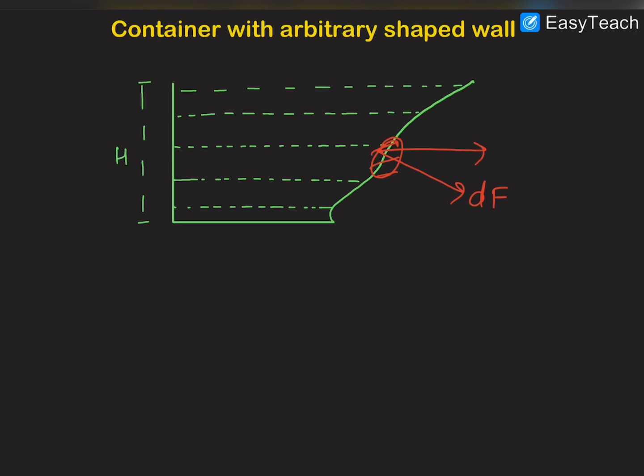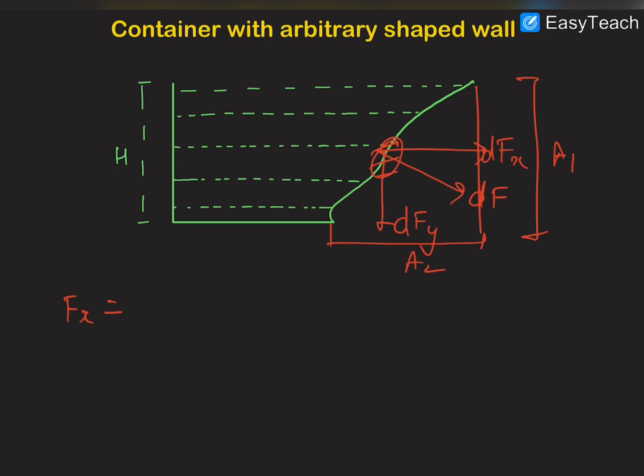Now again, if we wish to find the two components of the force, dFx and dFy, and if this total area is A1 and this total area is A2, then dFx will be equal to the small area dA1 perpendicular to dFx multiplied by the pressure P at this position.